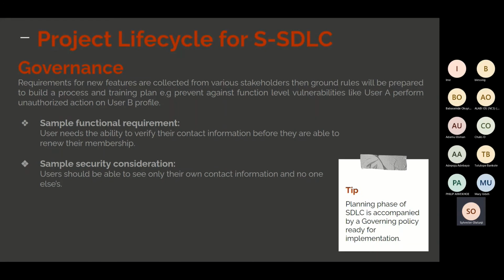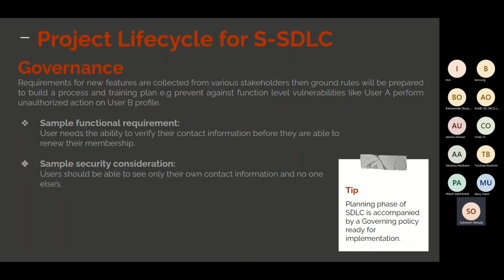So at the very initial stage of the traditional model, which is planning, we have governance, or security governance and policy. This security governance is a policy, a grounded rule that is prepared to build a process and training plan when new features are collected from various stakeholders.